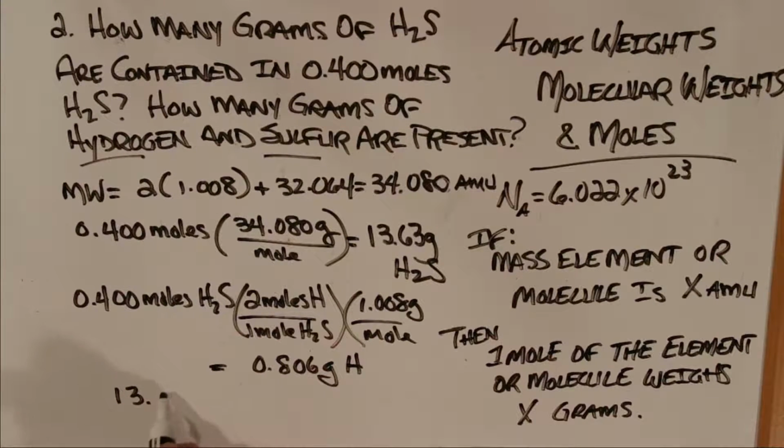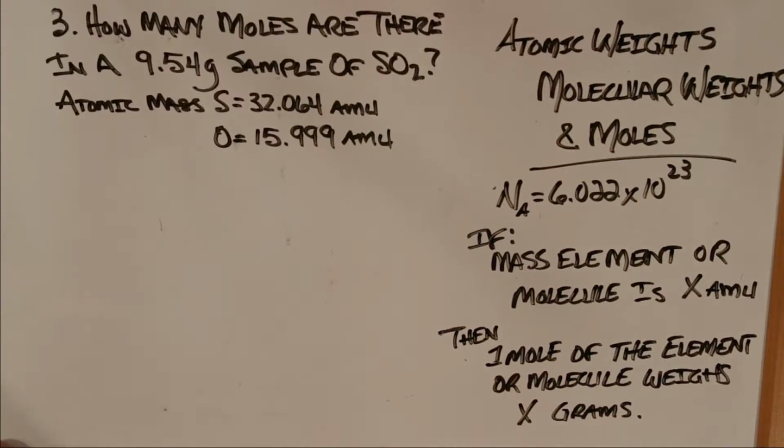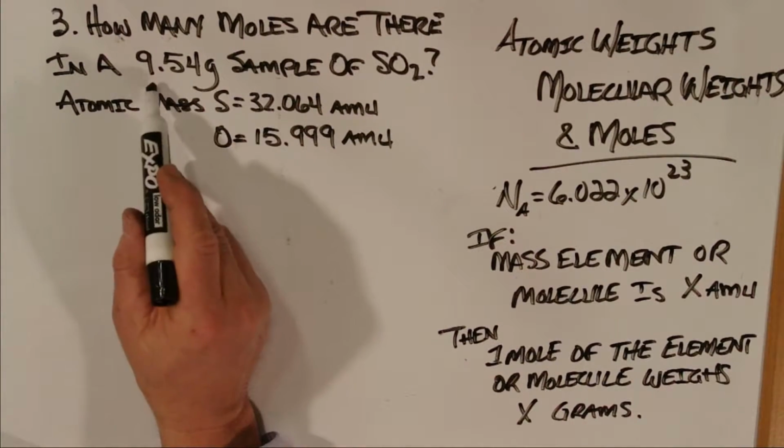Knowing that we have 13.63 grams of H2S in the 0.400 moles and 0.806 grams of hydrogen present, we subtract the two to arrive at 12.82 grams of sulfur present in the 0.4 of a mole of H2S.